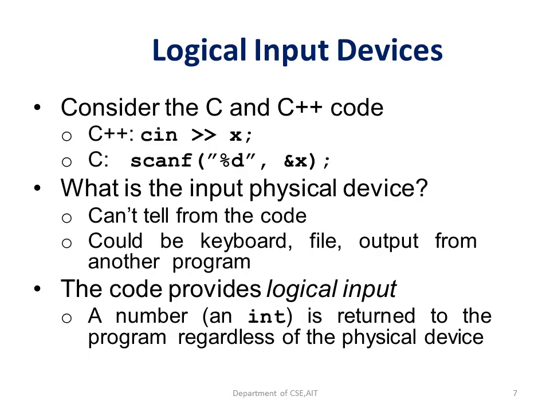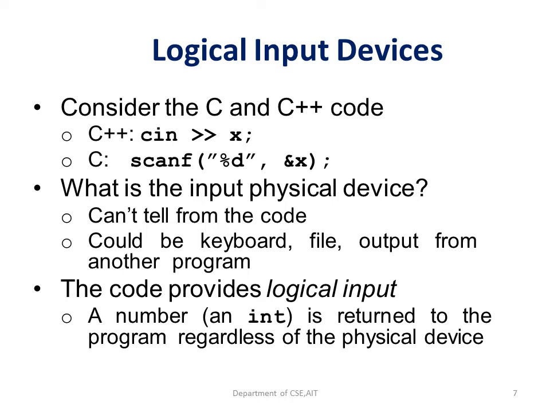As an application programmer, we are more bothered about the logical property of an input device rather than the physical property of the device. Suppose I have a statement like cin >> x in C++, or scanf in C. We are not bothered about which physical input device I am using here.